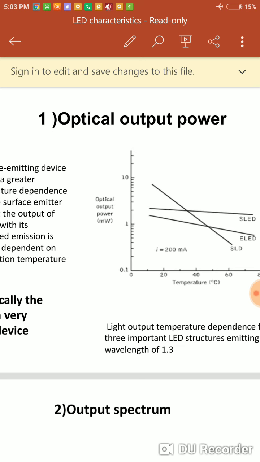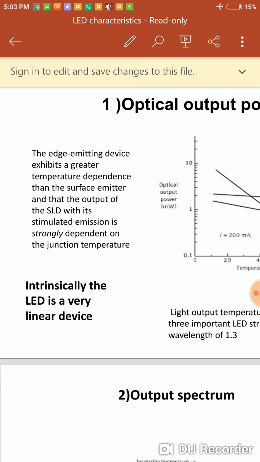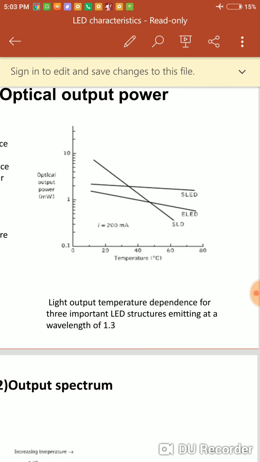This is a frequently asked question in MCQs: in case of LED, with temperature increase, what happens to the internal quantum efficiency of LED? Whenever there is a temperature increase in case of LED, the internal quantum efficiency of LED decreases slowly.